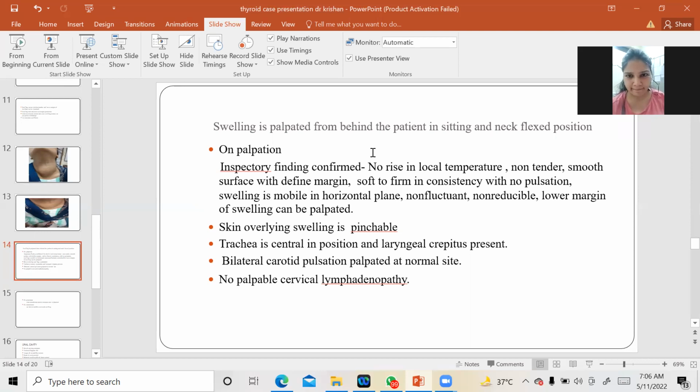Regarding palpation, for small swelling we use the thumb, that is called Kocher's method. For bigger swelling we push the swelling to the opposite side with one hand and palpate with the other hand. This is called Lahey's method. So what is Pizzillo's method? In Pizzillo's method, the patient puts both hands up on the occiput by the side of the ear.